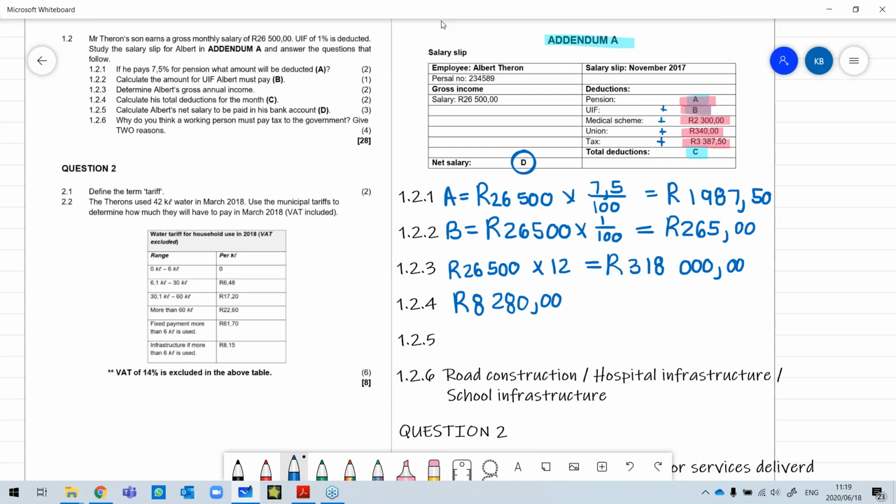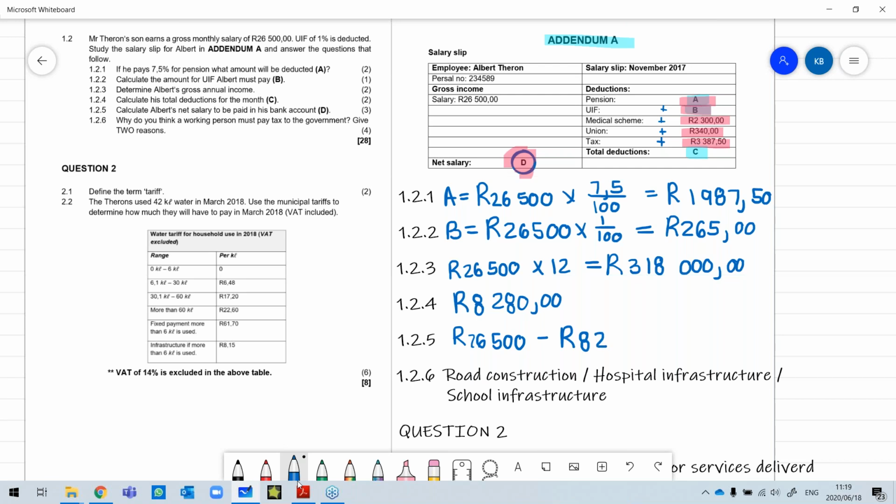Question 1.2.5. Calculate Albert's net salary to be paid in his bank account. Now remember, as I've explained, your net salary is what you take home at the end of the day. It is after your pension, your UIF, your medical scheme, your tax, all of those have been deducted. So now we say his gross salary of 26,500 Rand, from that, we subtract the total deductions.